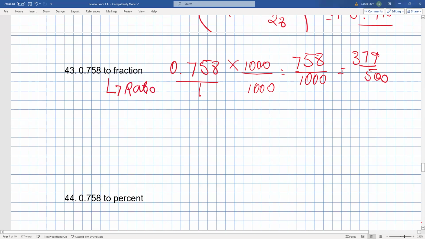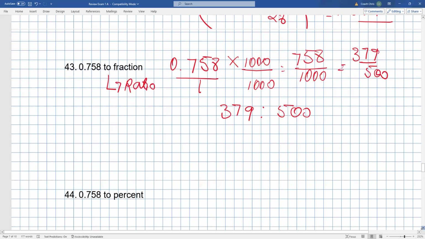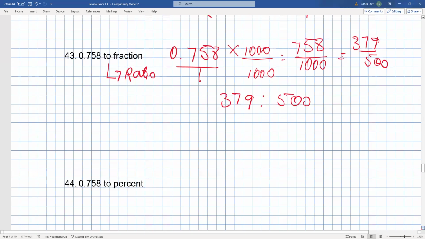If this question was to convert this number to a ratio, since you know your fraction is 379 over 500, it's going to be 379 over 500. This is only if the question was to convert that to a ratio. This is the same procedure you're going to use, but at the end, you're going to write it as a ratio. But since the question is convert that decimal number to a fraction, that's how it's going to be.